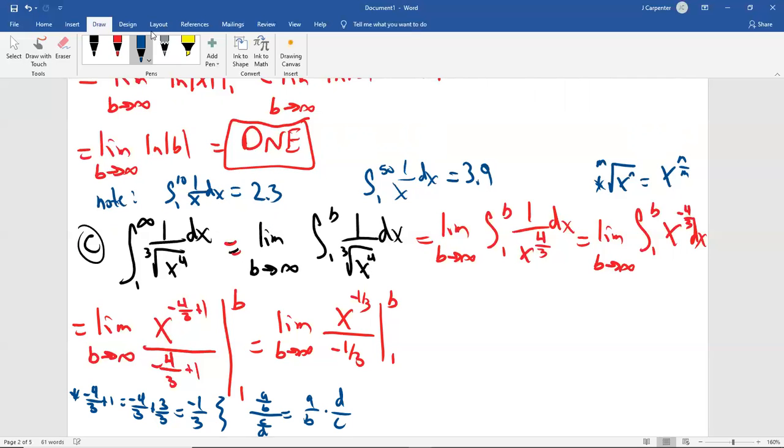If you need to take the intermediate step, you switch the big fraction bar to a division symbol, then flip and multiply. So dividing by negative 1/3 is the same as multiplying by negative 3/1. Limit b goes to infinity, negative 3/1 times x to the negative 1/3 evaluated from 1 to b. Clearly, we don't have to show the 1 in the bottom. 3 divided by 1 is 3.